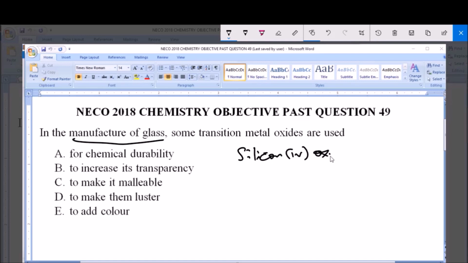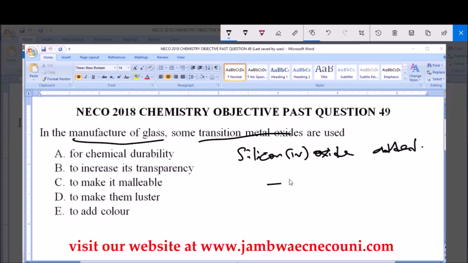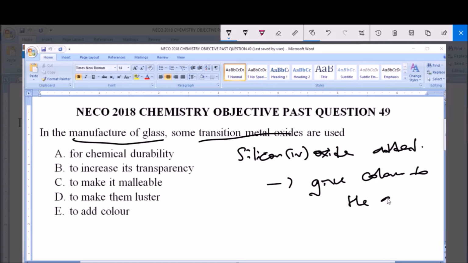Now, during the manufacture of glass using silicon IV oxide, transition metal oxides are added in order to give color to the glass. This is possible because each transition metal has its characteristic color.